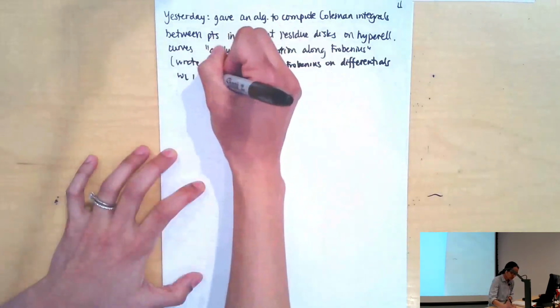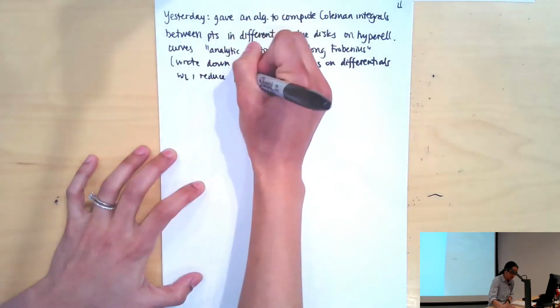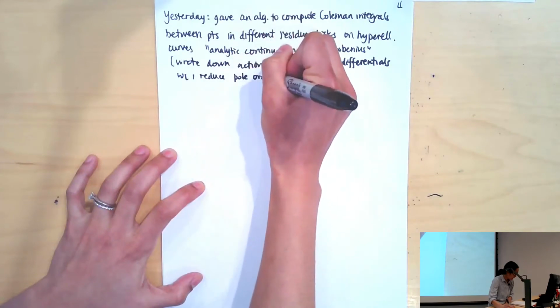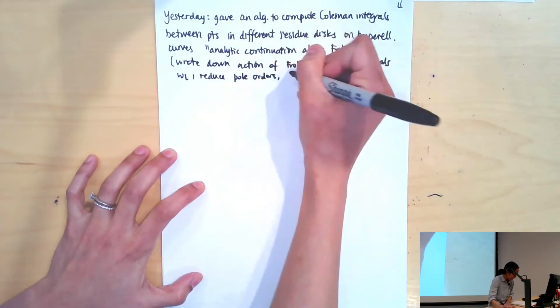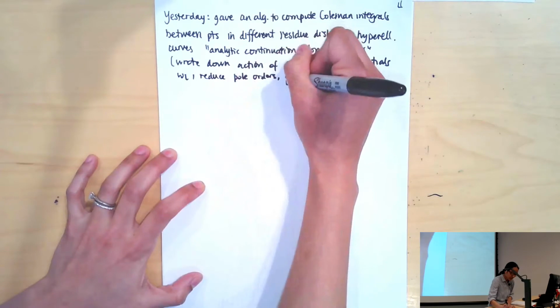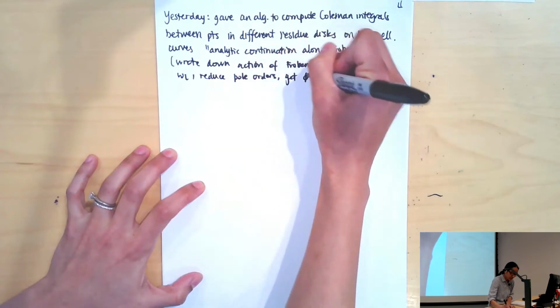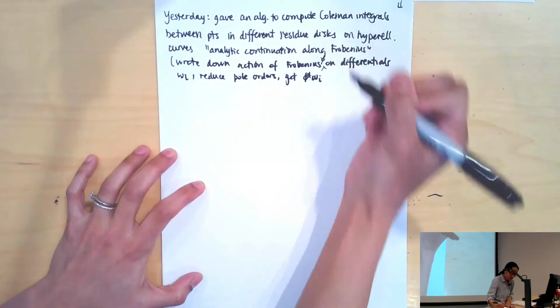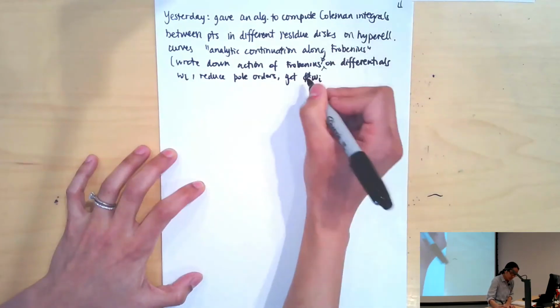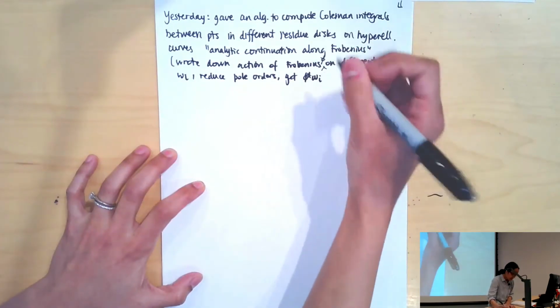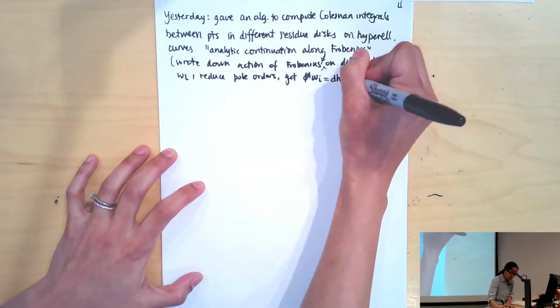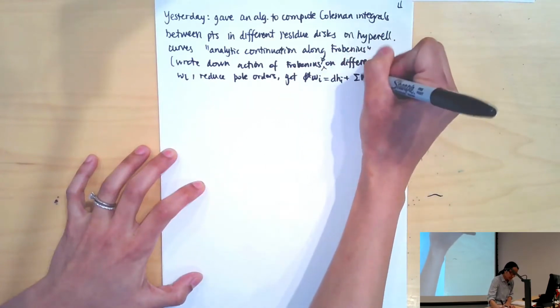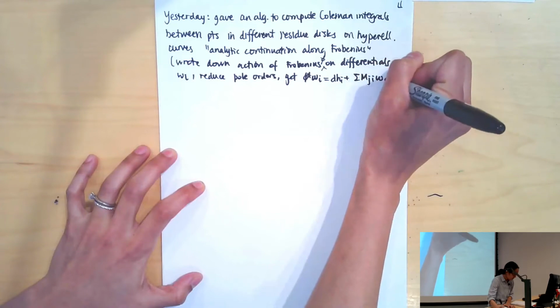So then we had to reduce pole orders. And at the end of the day, we got something that was nice. So an expression. So Frobenius here is this map phi. So phi star omega i is some dh_i plus a linear combination of our basis.